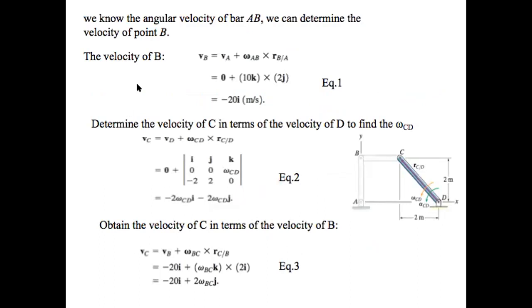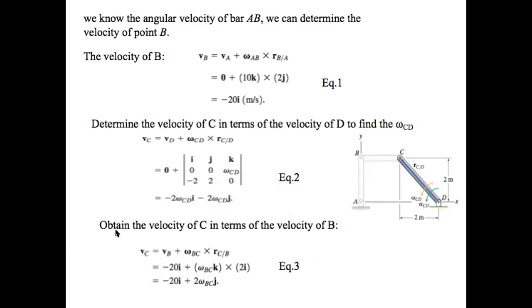We know the angular velocity of bar AB, so we can determine the velocity at point B. After that, we can determine the velocity of point C in terms of the velocity of D in this part, okay? To find the omega CD.